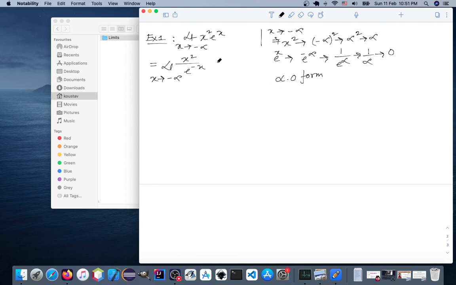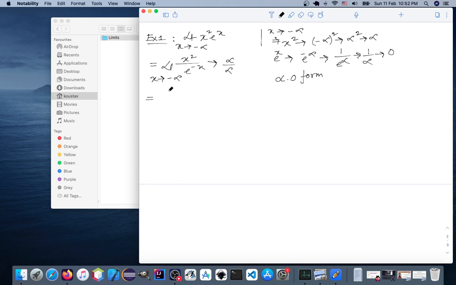Now this is of the form infinity by infinity, because this is e to the power minus x and x tends to minus infinity, so in the denominator it is e to the power infinity.